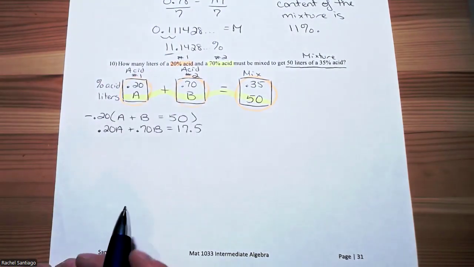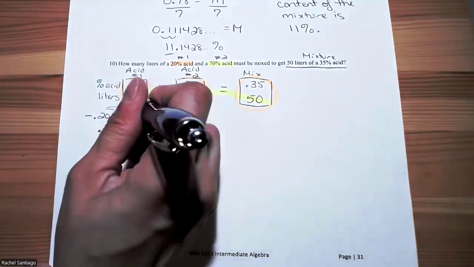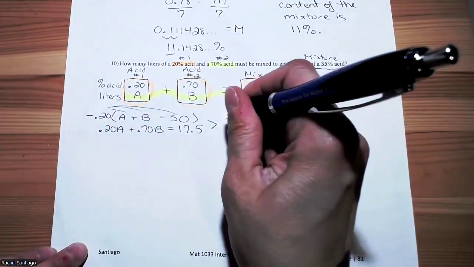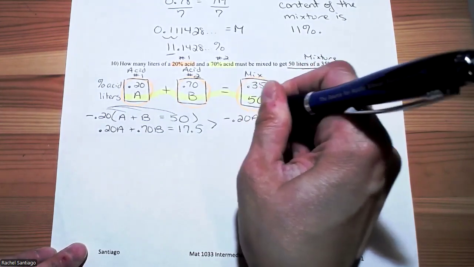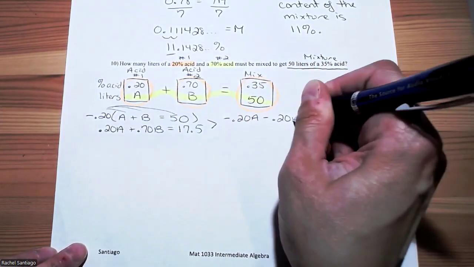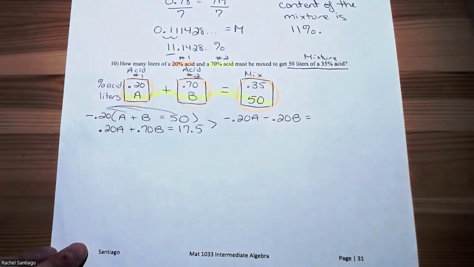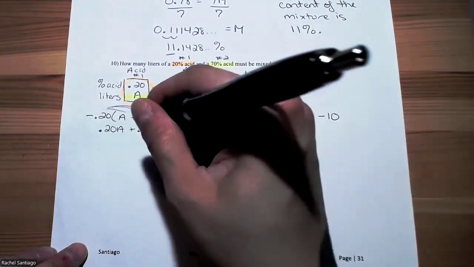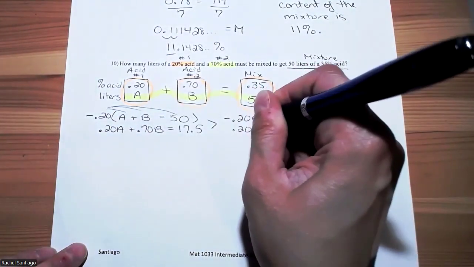Make life easy. Just go ahead, multiply by that opposite, and then, of course, don't forget to distribute. And this is going to leave me with negative 0.20A minus 0.20B is equal to, now let's take that negative 0.20, multiply it by 50, and that's going to give me negative 10. Bring the second equation straight across.